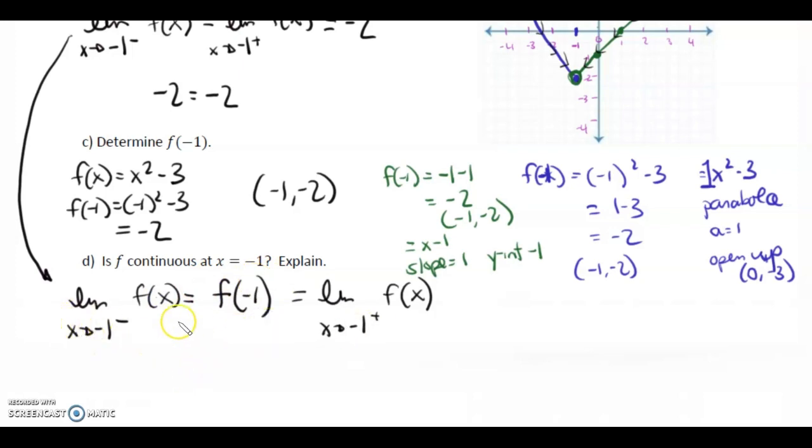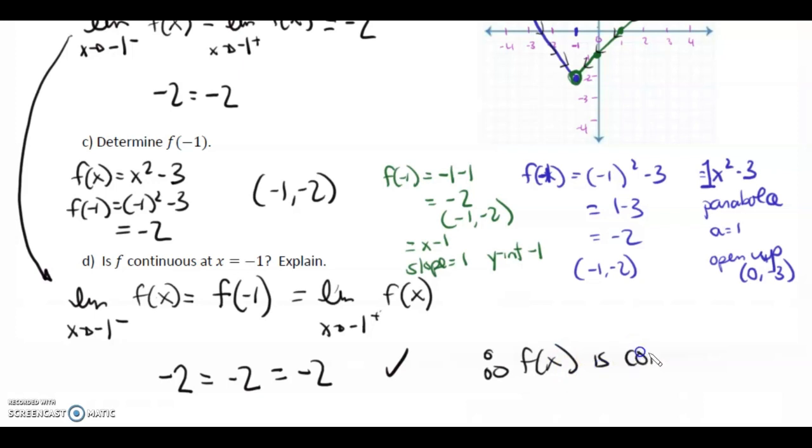So all of these are going to equal -2. The limit approaches -2, f at -1 is -2, I should say, and the limit as we approach -1 from the right is -2. So therefore, f at x is continuous.